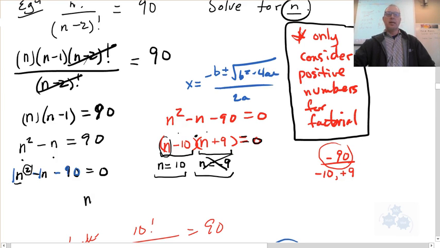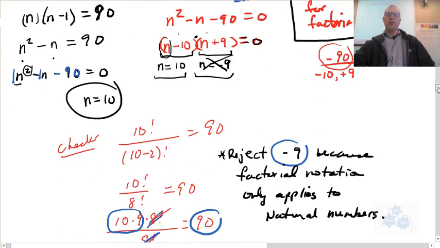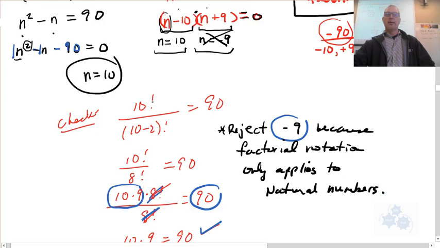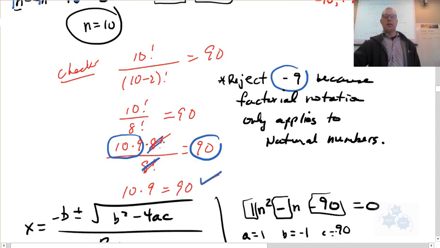If we state that n equals 10, we're going to want to check. Just to speed things up for this lesson, I'll show you: if you put in 10 for n, you have 10 factorial over 8 factorial. If you simplify that side just like we did, we have 10 times 9 equals 90, and that is correct, because the 8 factorial divides out.